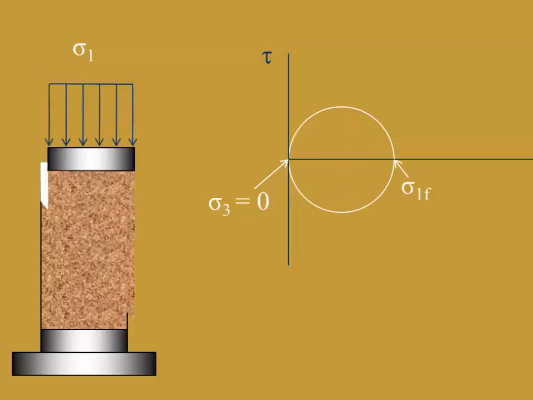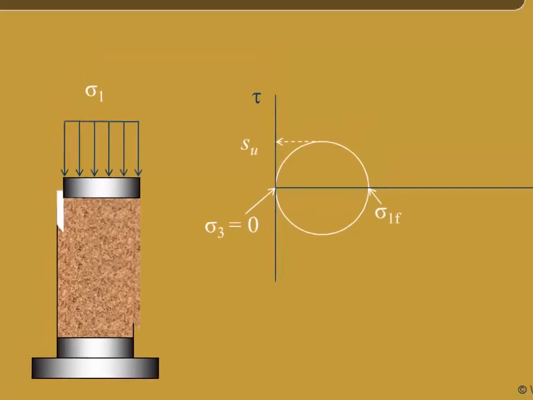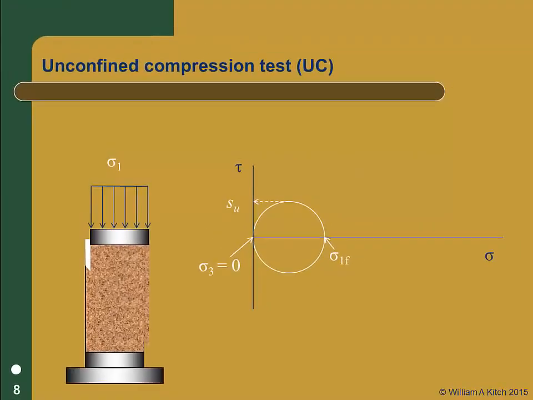At failure, the maximum principal stress is denoted sigma 1f, or simply called sigma 1 at failure. This is a total stress test. We have no measure of the pore pressures, and we cannot determine the effective stresses in the soil. The peak shear stress at failure is a measure of the undrained strength, SU. There is no failure envelope for the unconfined compression test since we have only one Mohr circle in this test.